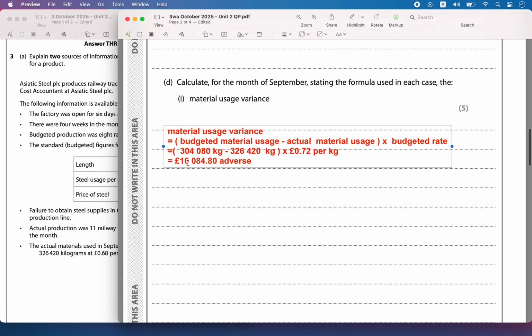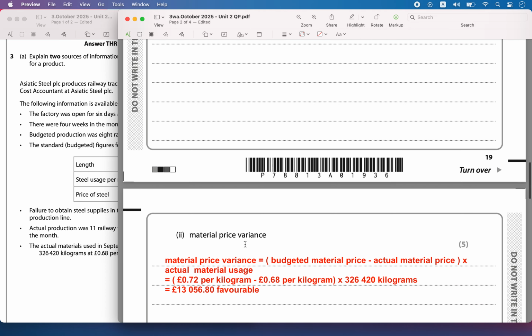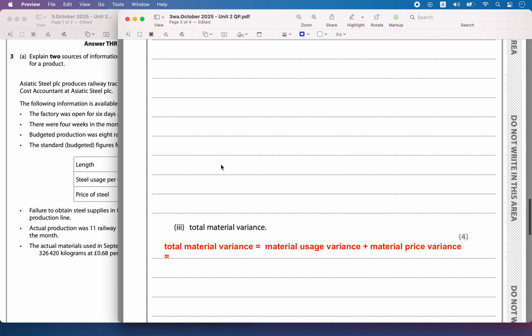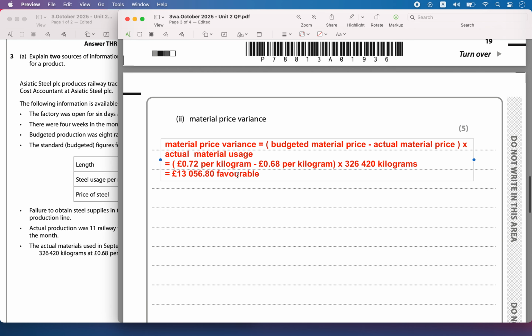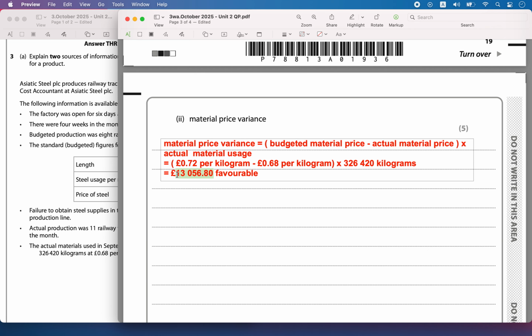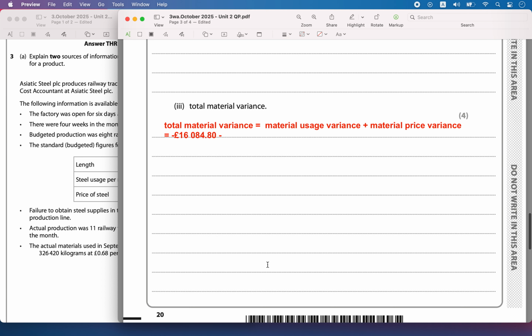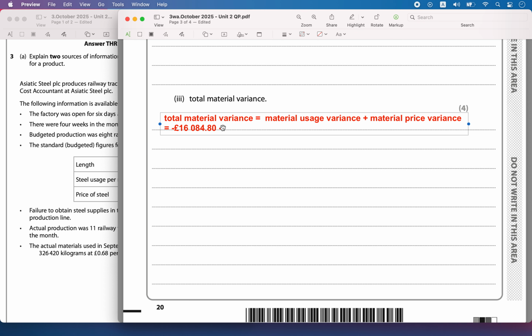Usage variance was adverse, so if it is adverse, you take it with a negative sign. So usage variance was minus 16,084.80 pounds, and material price variance was favorable. If it is favorable, you take it as a positive cost. So you will add up both of these.